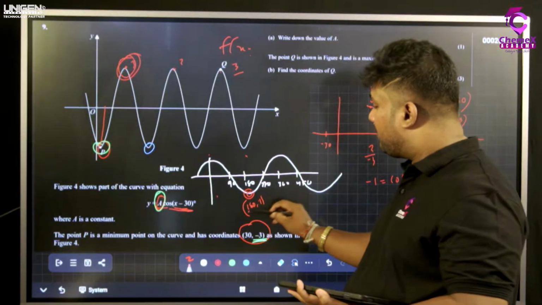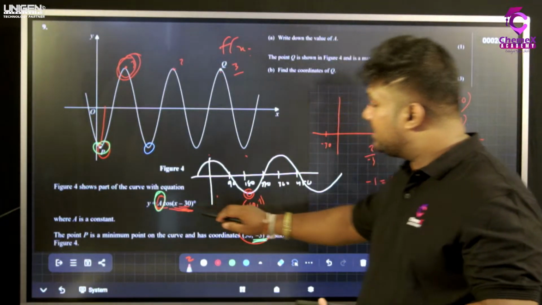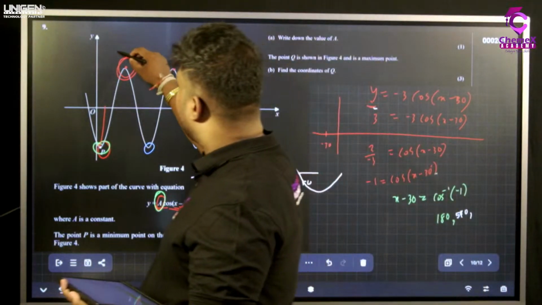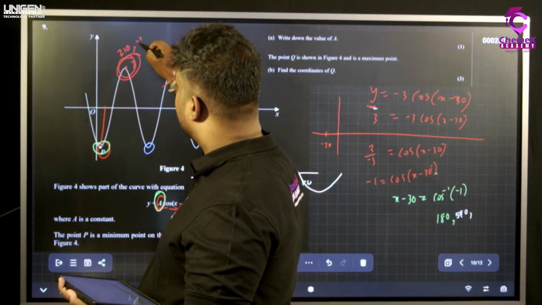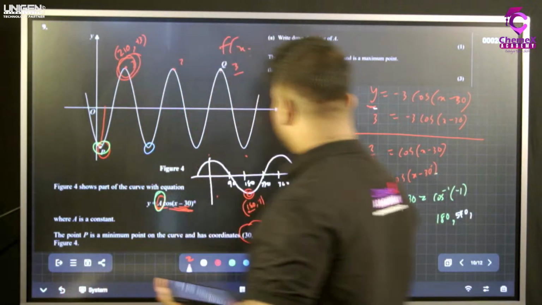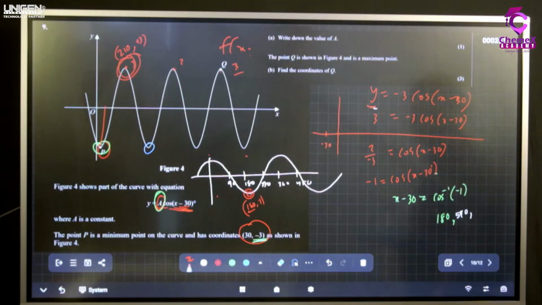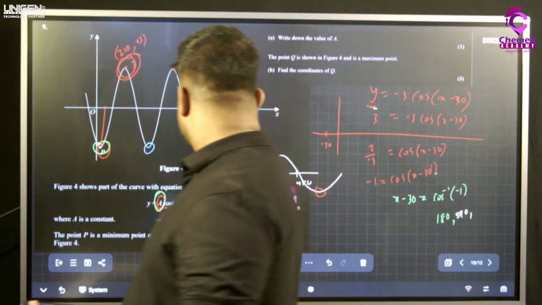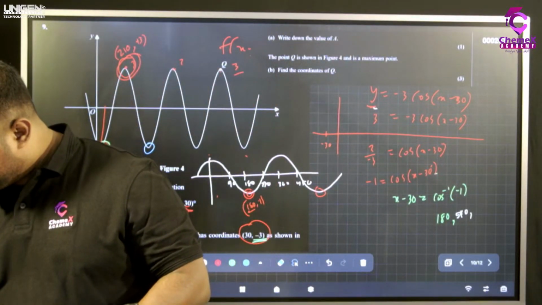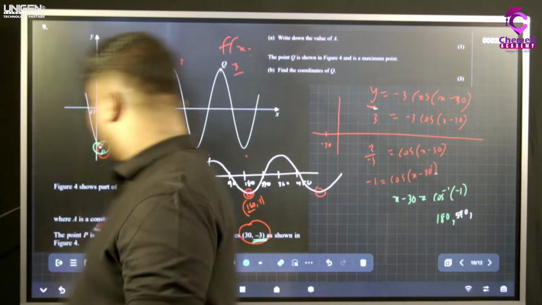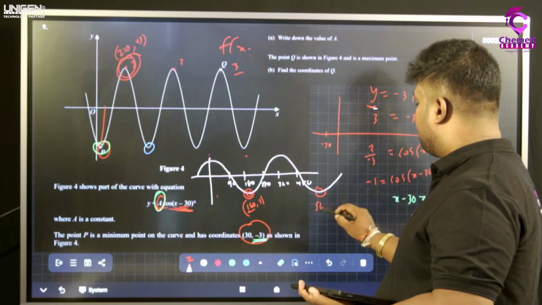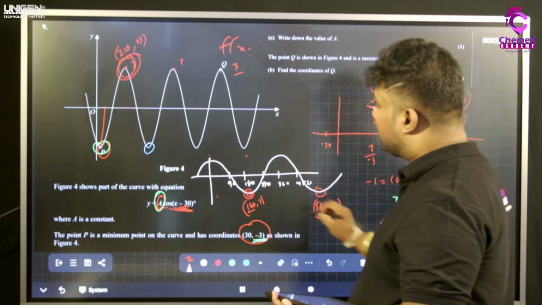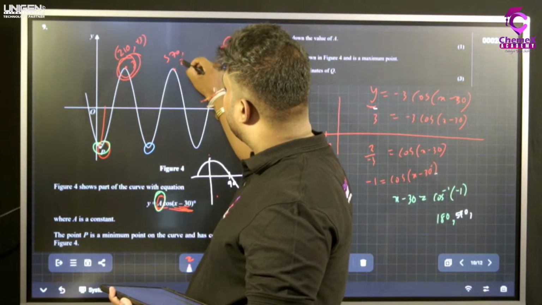But in this case it's not 180. Why? Because it's been 30 degrees shifted to the left. So 210, plus 210 minus plus 3, right? Do you understand that? That's the tricky part. Second one is going to be where? Here. So what's that? 450 plus 90, 540. So 540 plus 540 minus 1 is here, and there it becomes 540 plus 30, which is 570, plus 3.